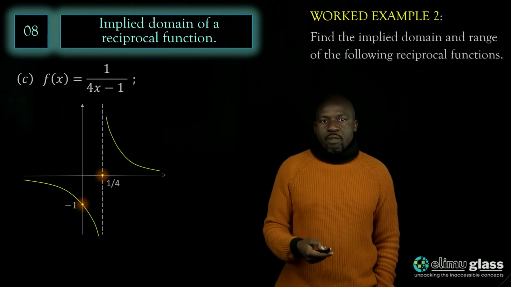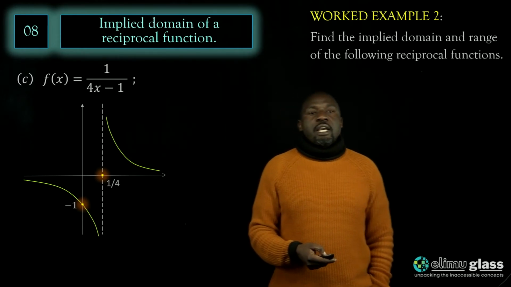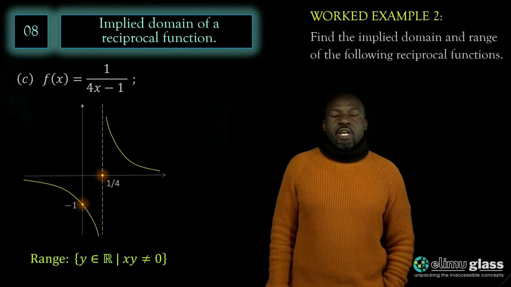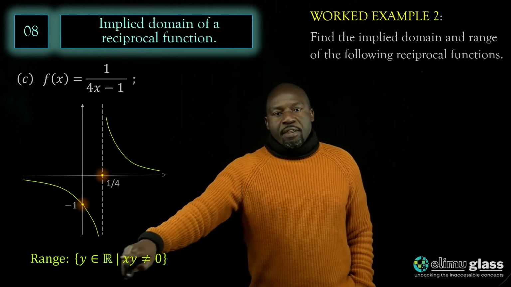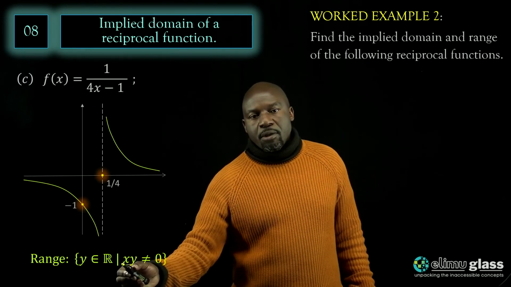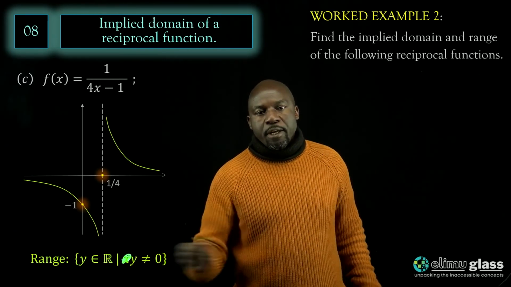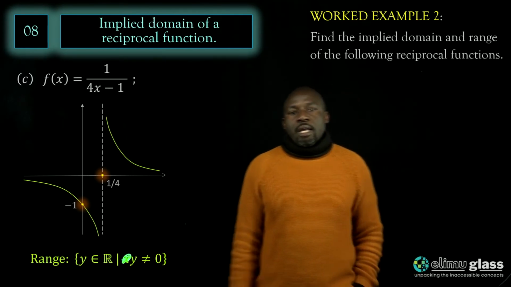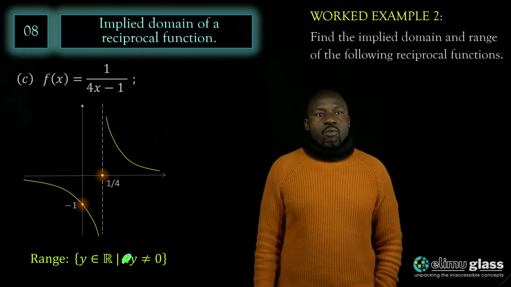So line y equals 0, which is the x-axis, is the horizontal asymptote there. Okay, so the range is all values of y other than y equals 0. So all values of y except y cannot be equal to 0.